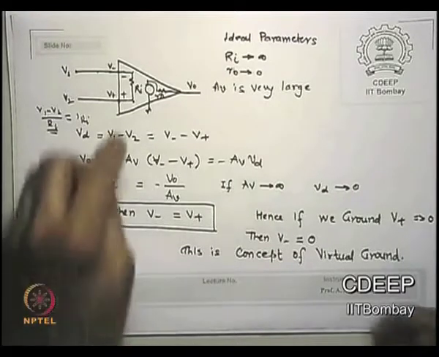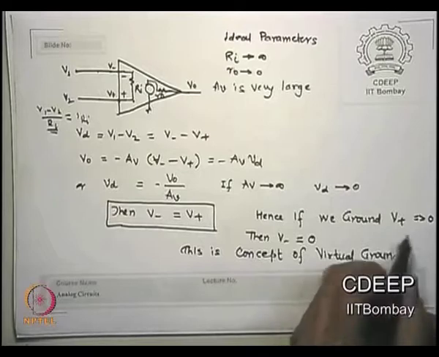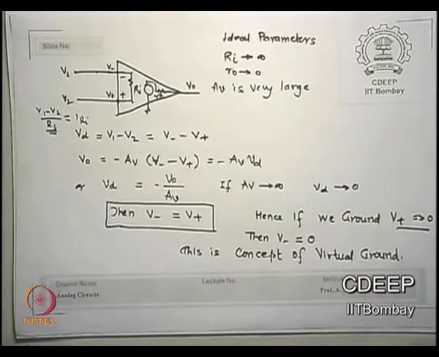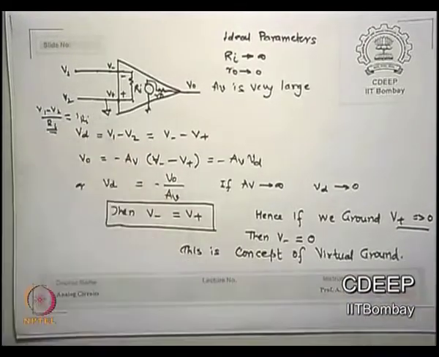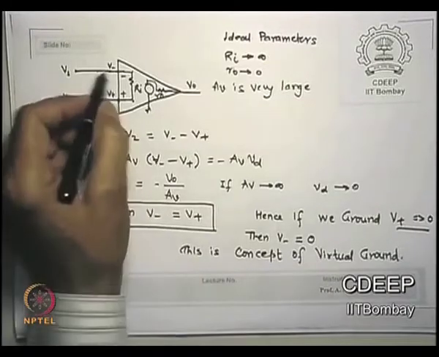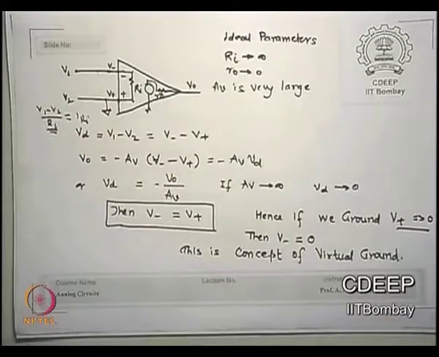Now let us say I ground the V plus terminal, I physically ground this terminal, then according to me the potential at V minus is how much? What is the definition of a ground? If the current sinks at that potential, then it is ground.